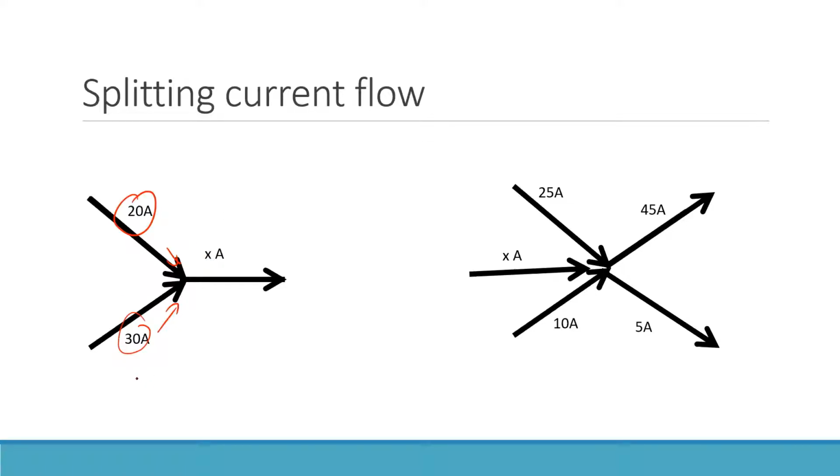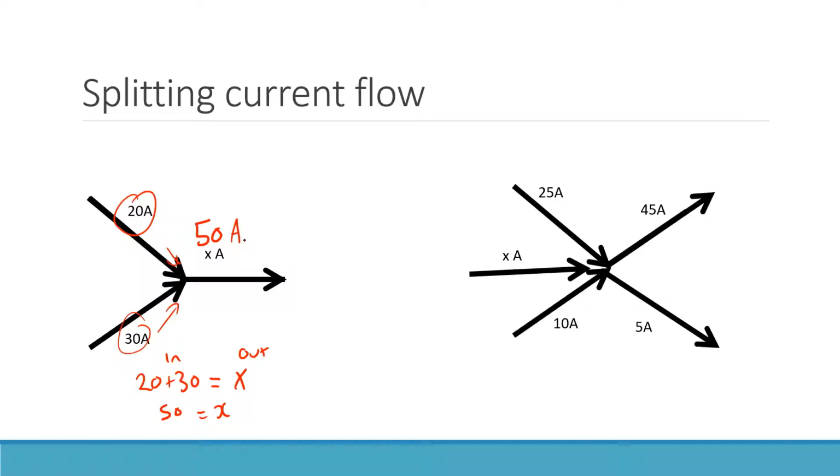Well, if I've got 20 plus 30 going in, that must mean that's equal to the X going out, which means that X must be 50. We must have 50 amps leaving this circuit. Pretty simple.